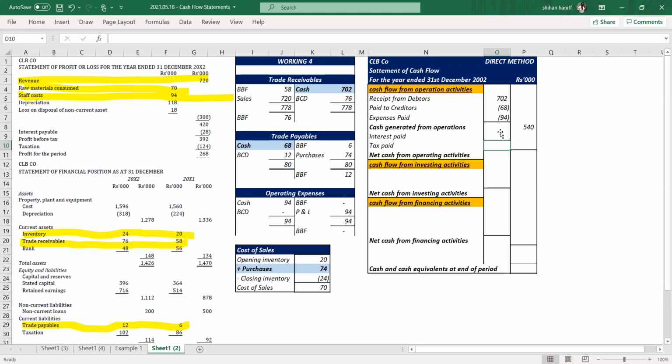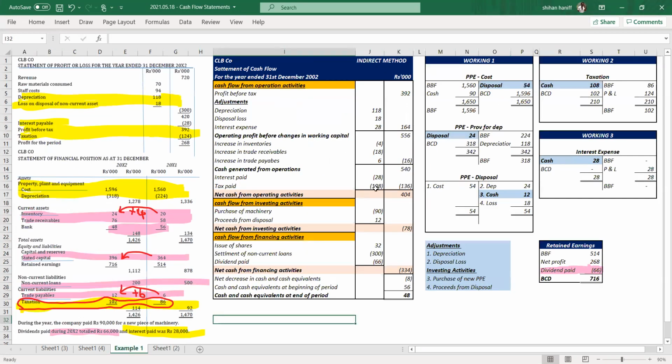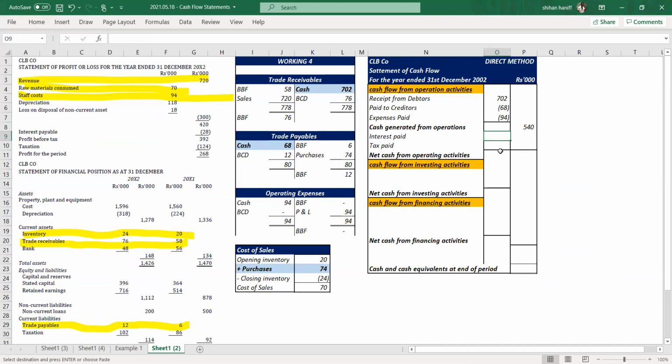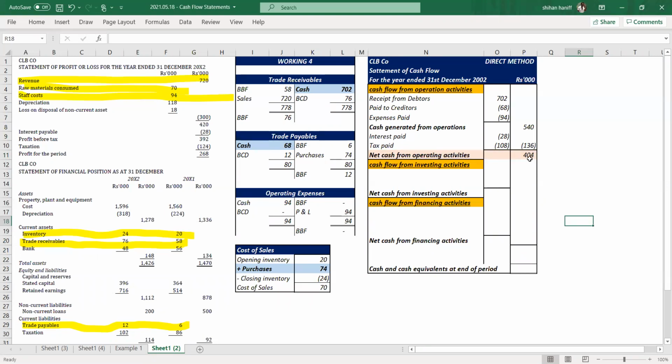Interest paid and tax paid are already similar to the previous one. 2010, 100, 404. Yes. So it's 404, similar to the previous. You get the same answer.